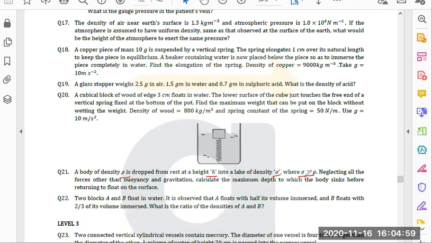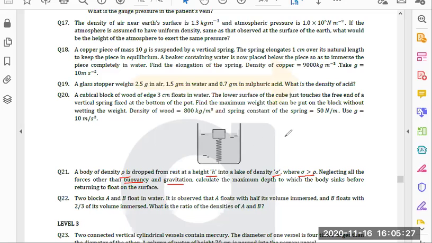Yes, it floats. Neglecting all the forces other than buoyancy and gravitation. But since it is dropped, it will have some kinetic energy, so it will have some acceleration, because it is dropped from height h.